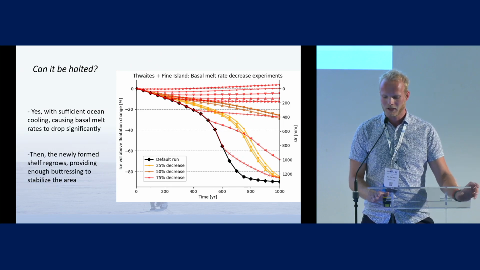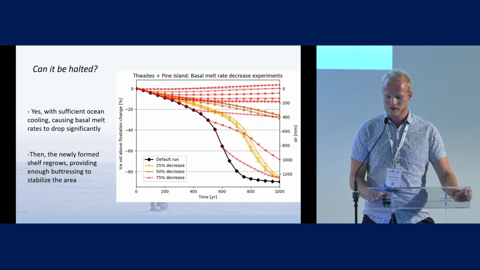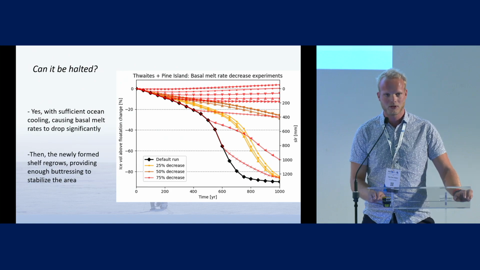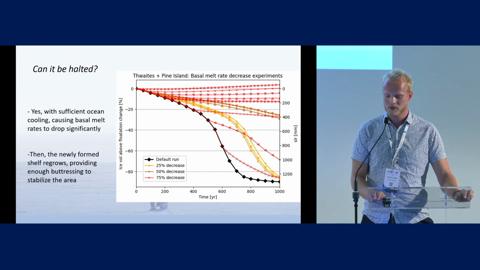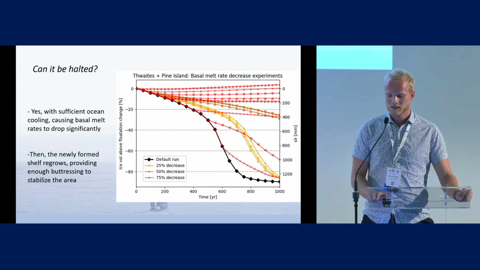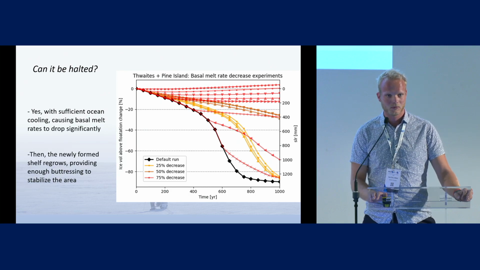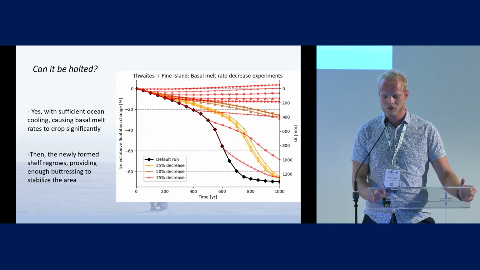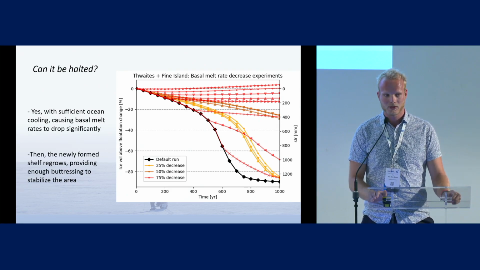And you can actually see that 50% and 25% decreases in the basal melt rates are not enough to stop the collapse. If you decrease our model basal melt rates by 75%, you can get away. The whole system stabilizes if you just do it in time. So if you do it at 400 years, you are a bit late, and if you do it at 500 years, your collapse is still happening. But if you do it before that, you can stop this thing from happening.